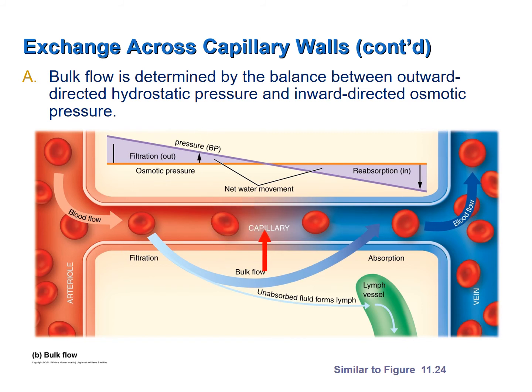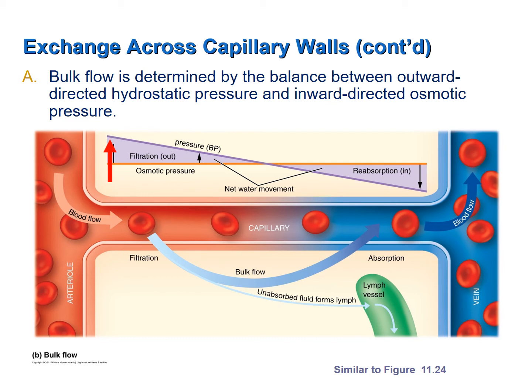So here we have a capillary. Blood enters the capillary from the arteriole, and blood exits the capillary and enters venules. The purple line here shows hydrostatic pressure. Remember that hydrostatic pressure forces fluid out of the capillary.